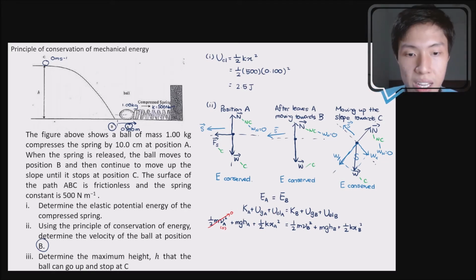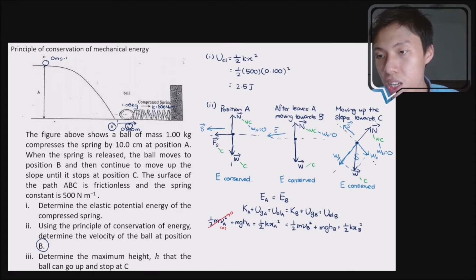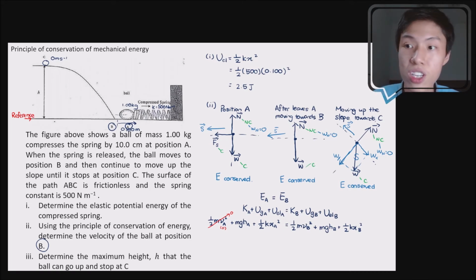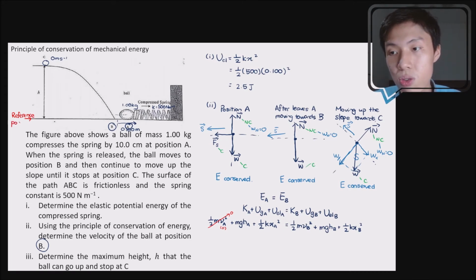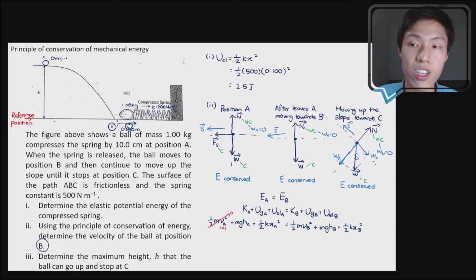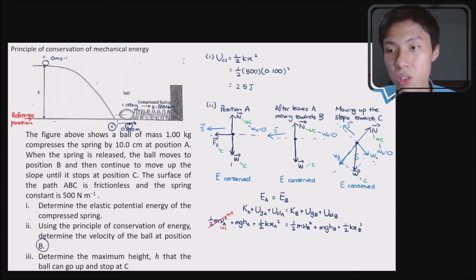Next, you look at the height. For this situation, it's most convenient to set this position as our reference position. The reference position is for gravitational potential energy. So for gravitational potential energy, we have to set a place where it is equal to 0, and we set it to be the ground. So at the ground, our h is 0. Thus, our gravitational potential energy is 0 at the ground.